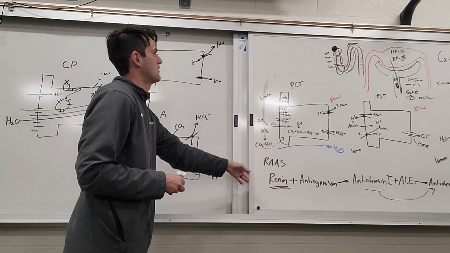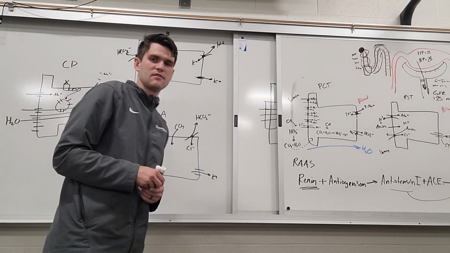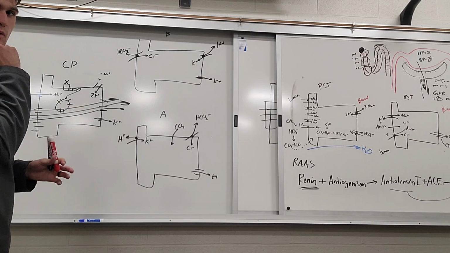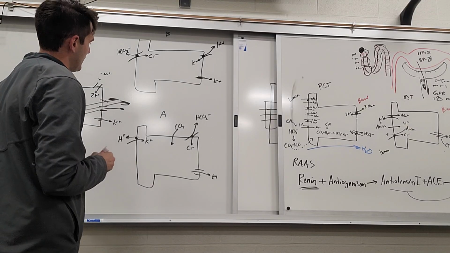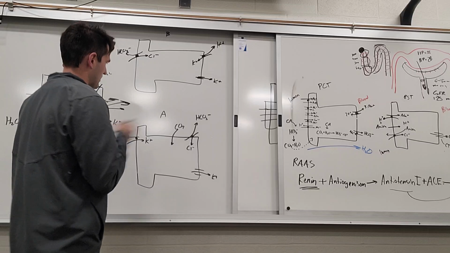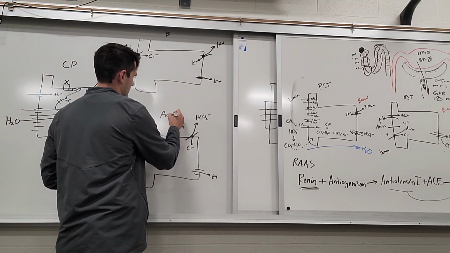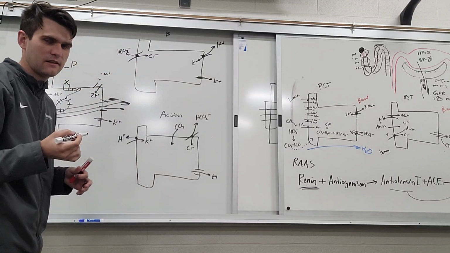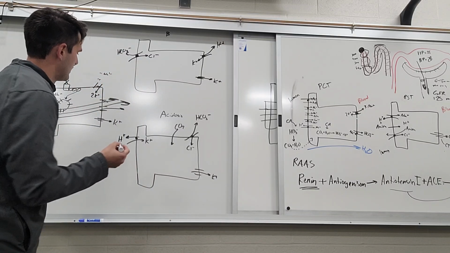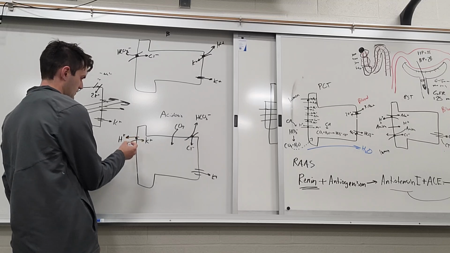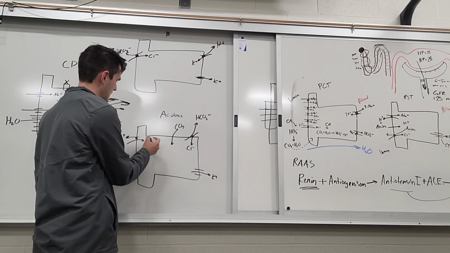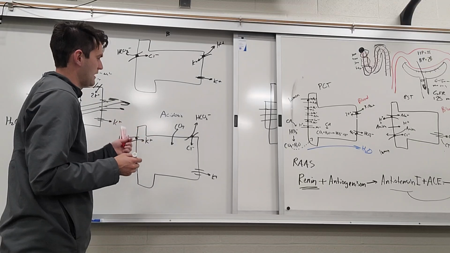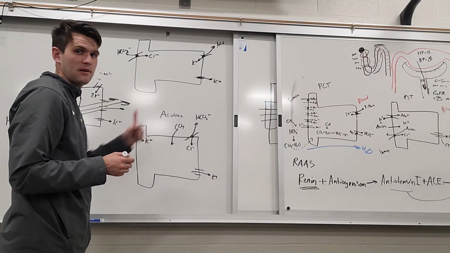Now the last thing with our collecting ducts is they've got intercalated cells that respond to alkalosis or acidosis. If we're in acidosis, we're going to have these type A cells, A for acid. What's going to happen is we're going to bring in some potassium and kick out our hydrogen ions into the filtrate, because our blood's acidic and we don't want that.